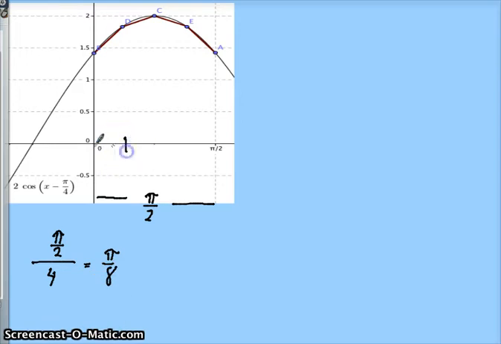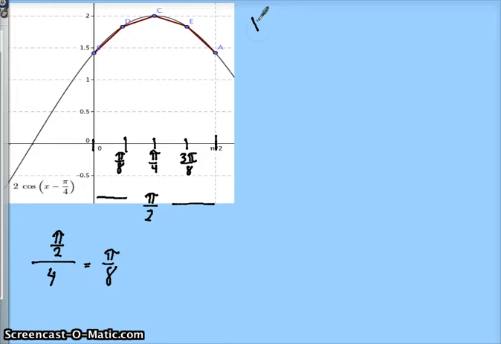So what that means is the difference between each smaller interval, and again, this is 2 pi over 8, or pi over 4, and this is 3 pi over 8. So the difference between each of these is pi over 8. Okay? Again, I have 5 points for 4 line segments.